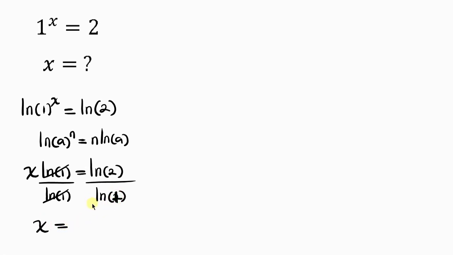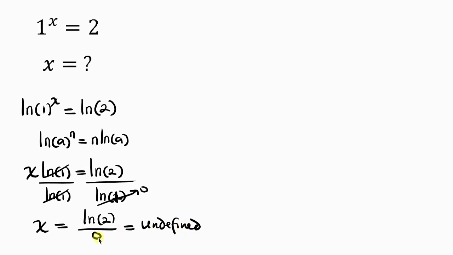Now notice that ln 1 is equal to 0. That means we're going to be having ln 2 divided by 0, and since we're having 0 in the denominator, this is undefined.